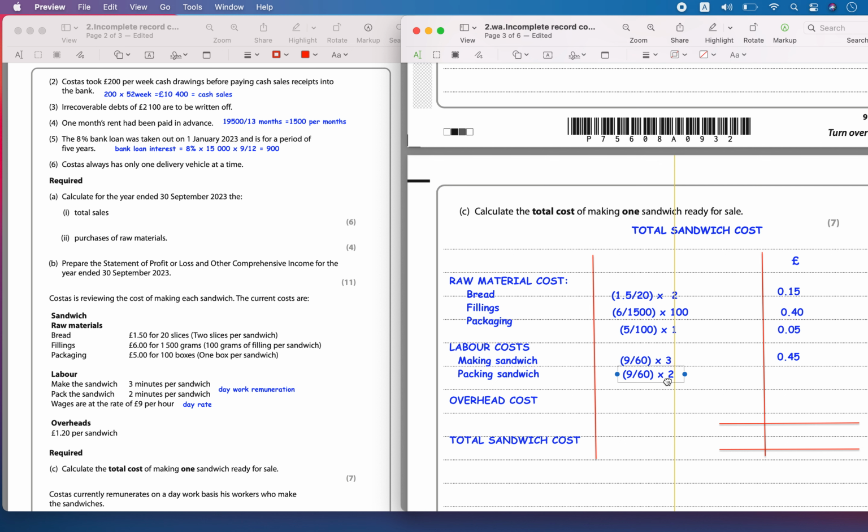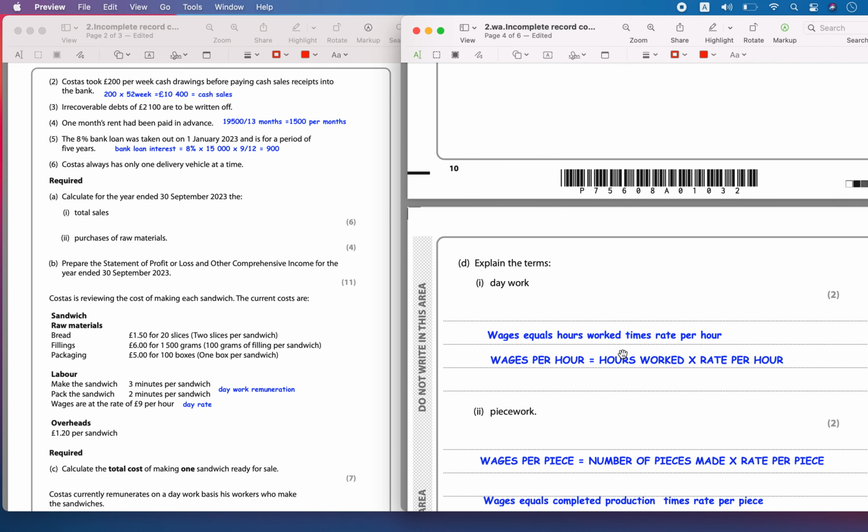So 9 divided by 60 times 2 minutes, that is 0.3 pounds wage. Then we have the overhead cost, which is 1.20 pounds. Now let's add up the total cost. The total cost is 2.55 pounds.